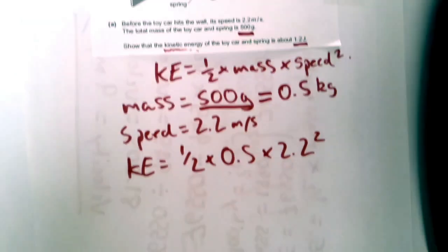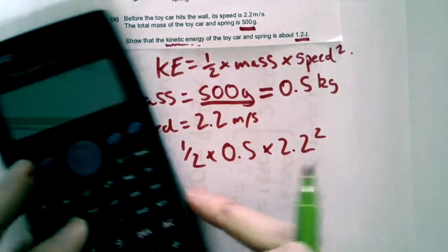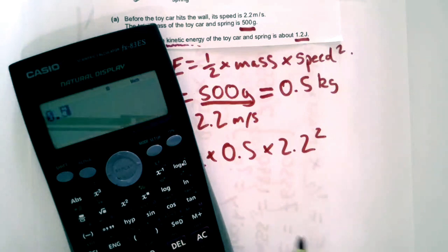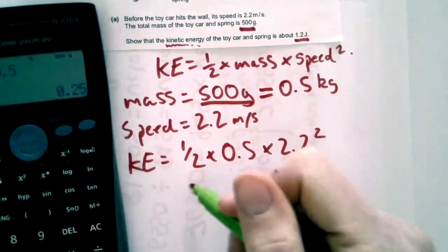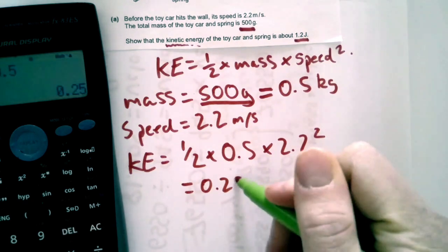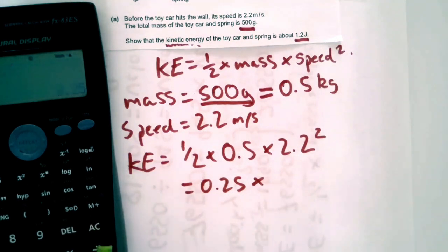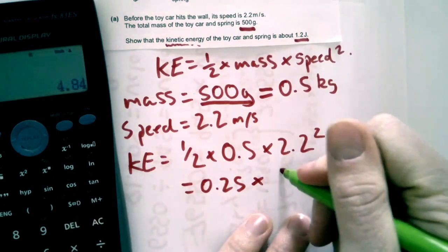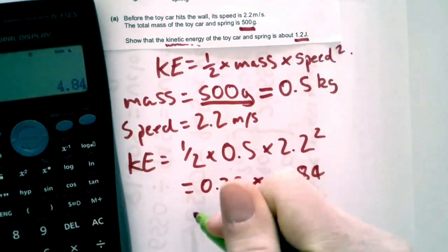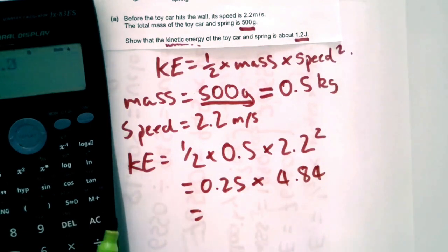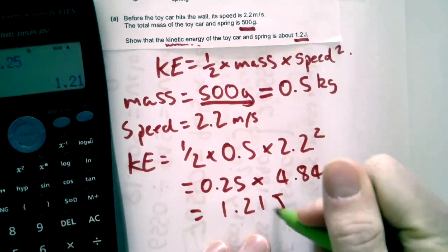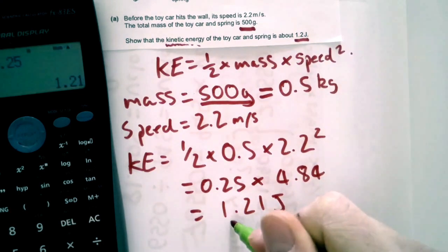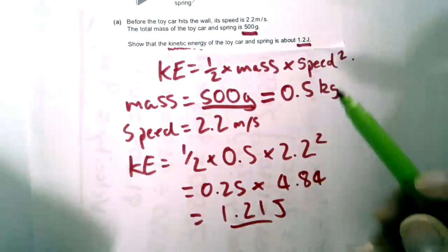Okay, so stick that into my equation, 0.5 times 0.5, so that's a quarter, 0.25, times 2.2 squared, 4.84. So my final answer comes out at 1.21 joules, which is pretty much what it asked for in the question up here.